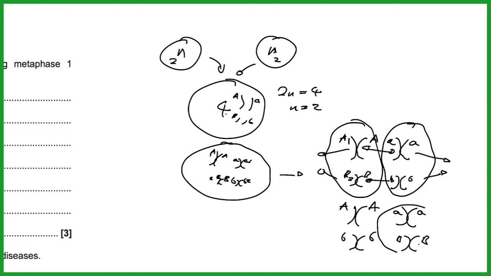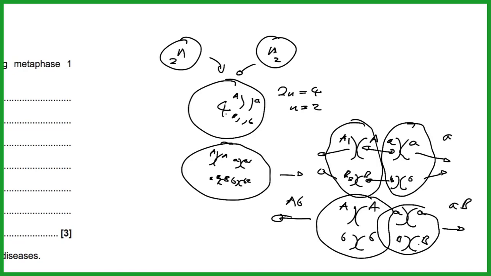So now this is what goes into one cell, which goes into meiosis 2, and this goes into the other. So then this would give us this combination of alleles, and this and this and this. So what we're doing here is independently assorting the chromosomes, and this leads to genetic variation in the gametes.